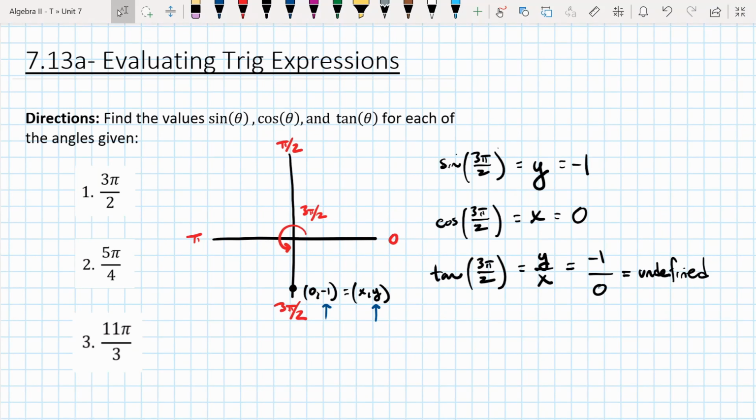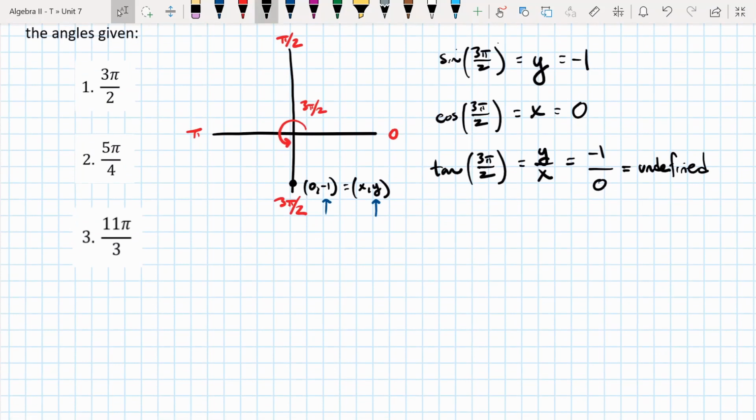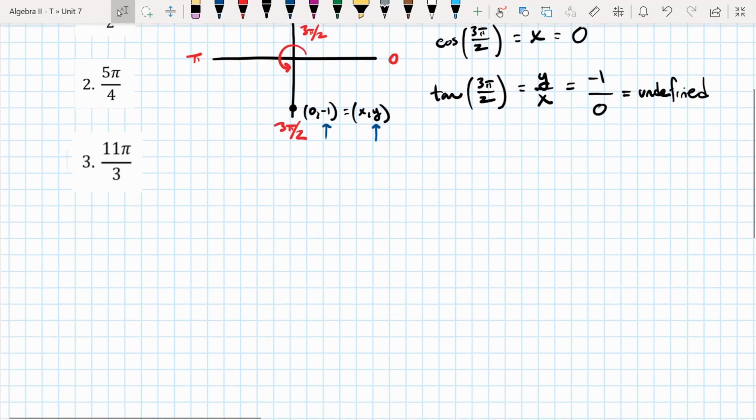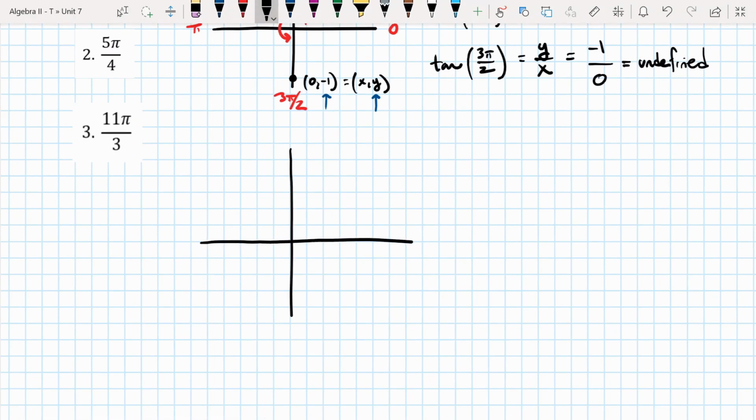Okay, so this one's a little bit easier because we actually don't need those special right triangles to evaluate these trig functions at this angle. Let's do one that requires the use of those special right triangles, and that will be 5 pi over 4. So here's our coordinate plane again, and we're going to locate 5 pi over 4 on the unit circle.